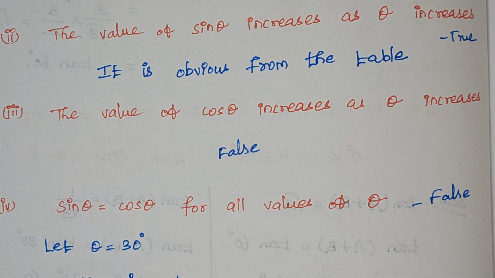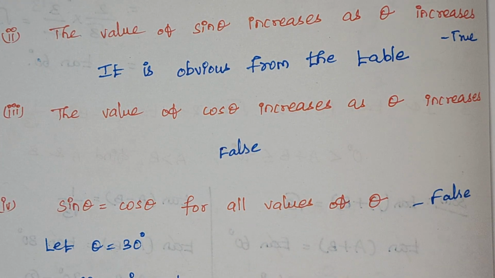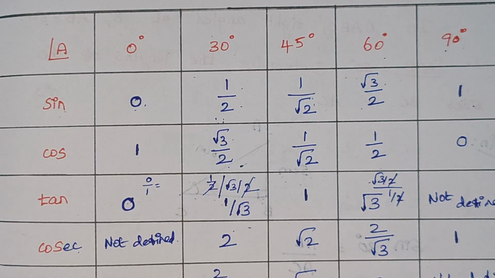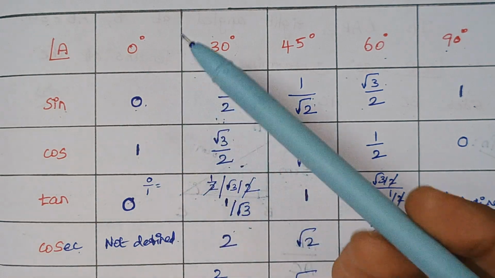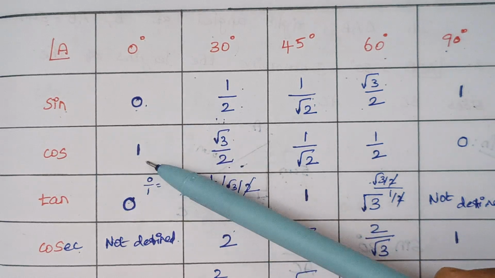The next thing is sin theta equal to cos theta for all values of theta, right? So again you can look at the table, but here we have considered some angle just for proving. When you look at the table, for 0 degrees, the value of sin is 0 whereas cos is 1.